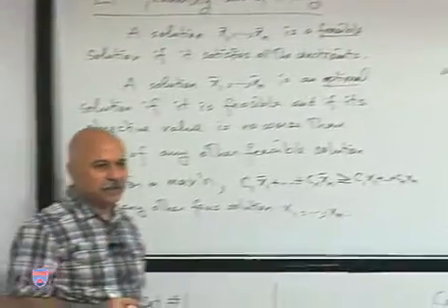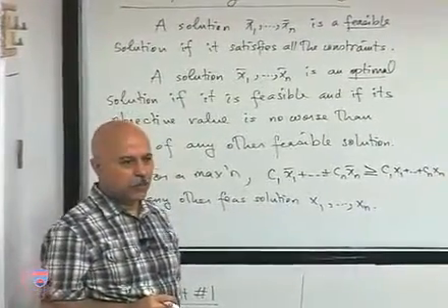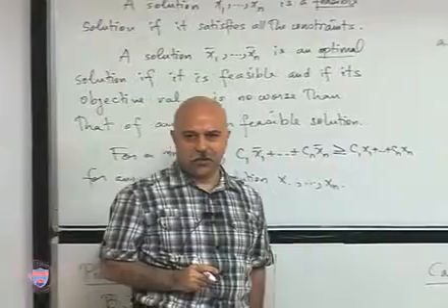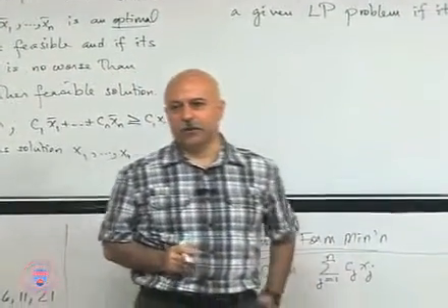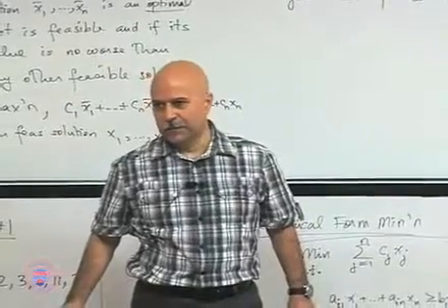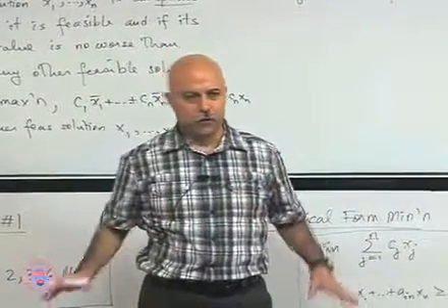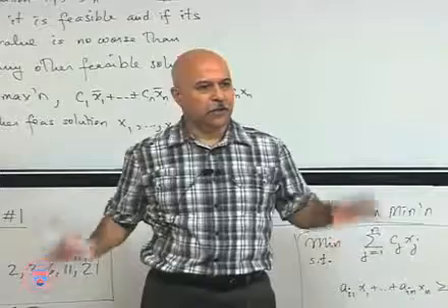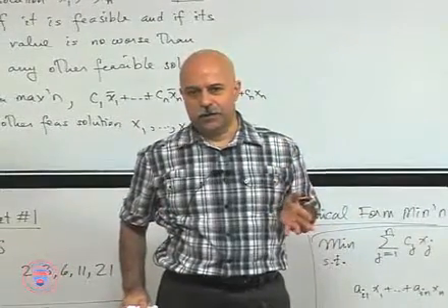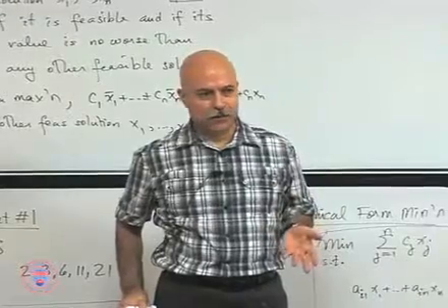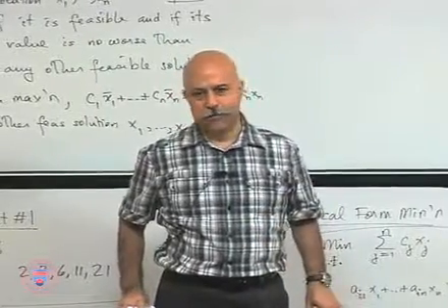There are two ways that it will not exist. Number one, your constraints are such that there is no proposed solution which would satisfy all constraints at the same time. That's the infeasible formulation. You have a linear program which does not admit any feasible solution. In that case, of course, since there is no feasible solution, there is no optimal solution either.